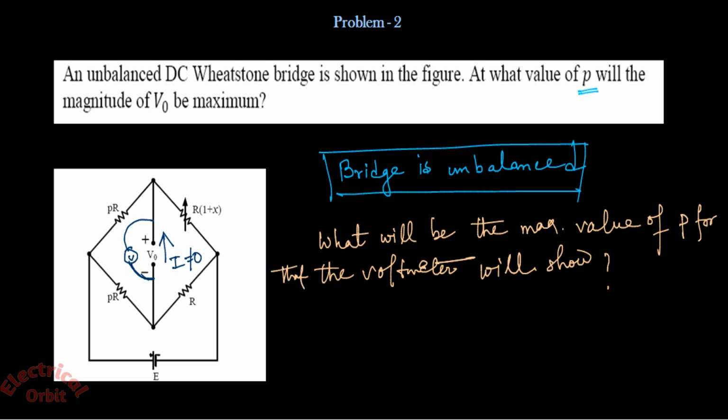Let us name the two terminals A and B. VAB will be maximum. What will be the value of P for making VAB maximum? I think you have understood the question. Here VAB is denoted as V0 according to the question.